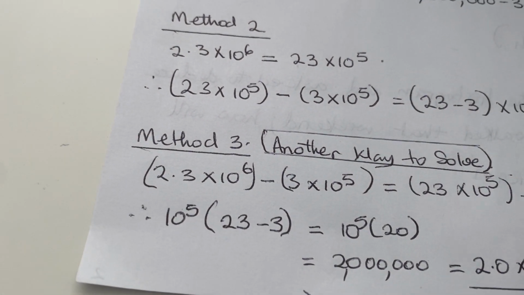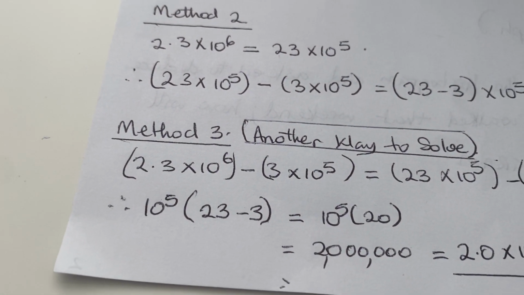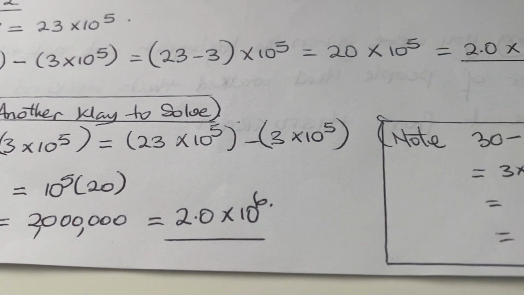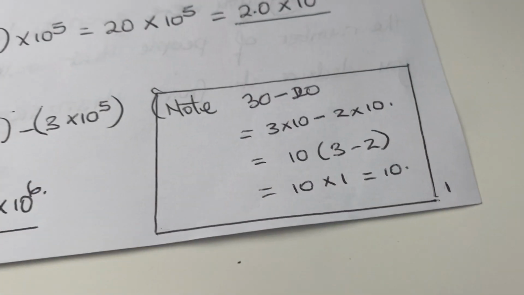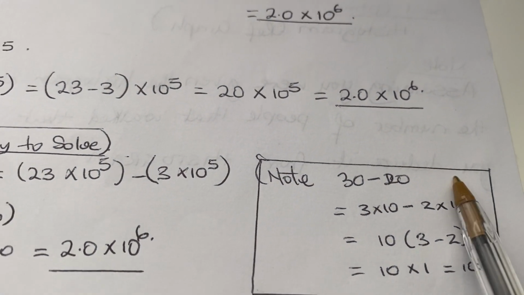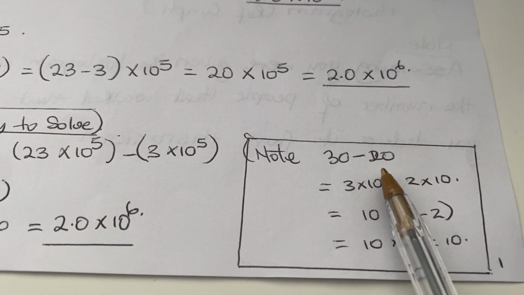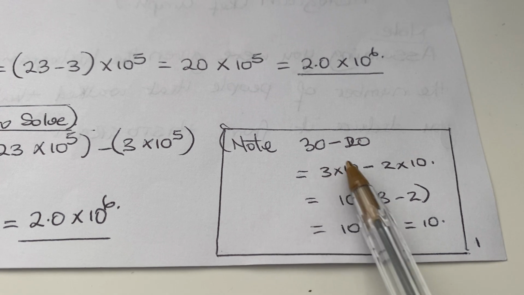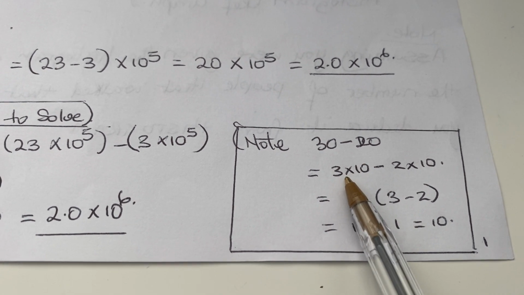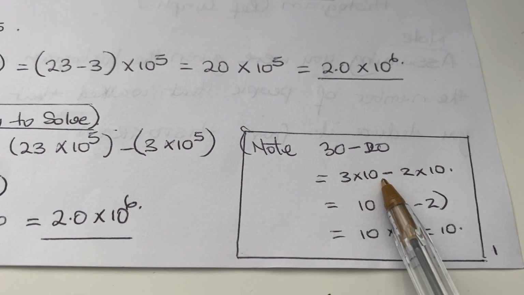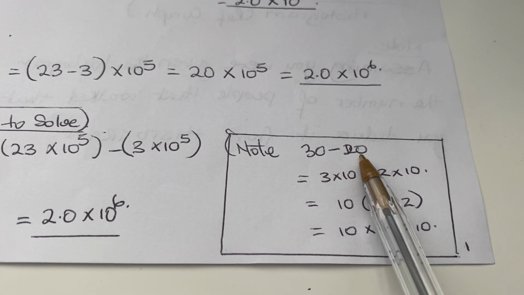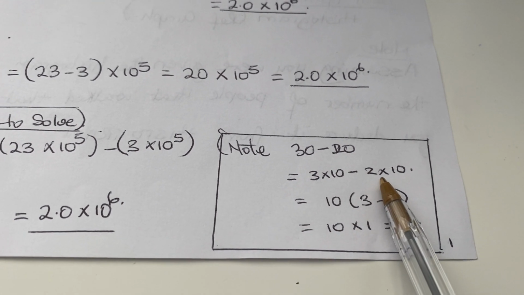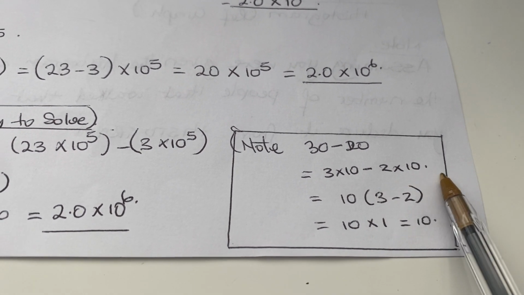Now the third method I was thinking of, okay, look in this box. If you have 20 minus 30 equals 10, but 30 can be written as 3 times 10. 20 also can be written as 2 times 10.